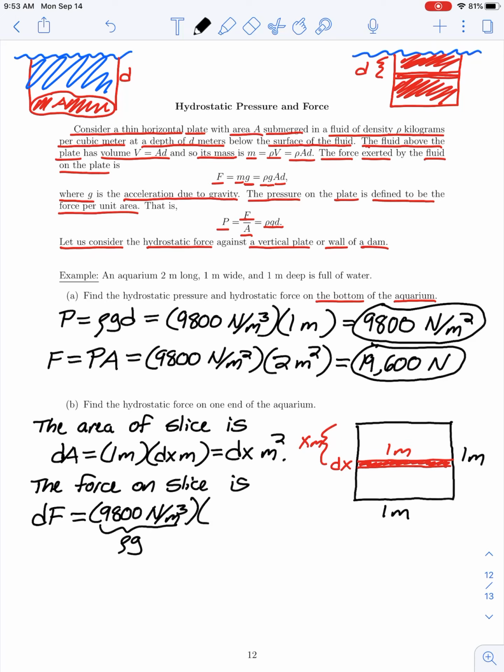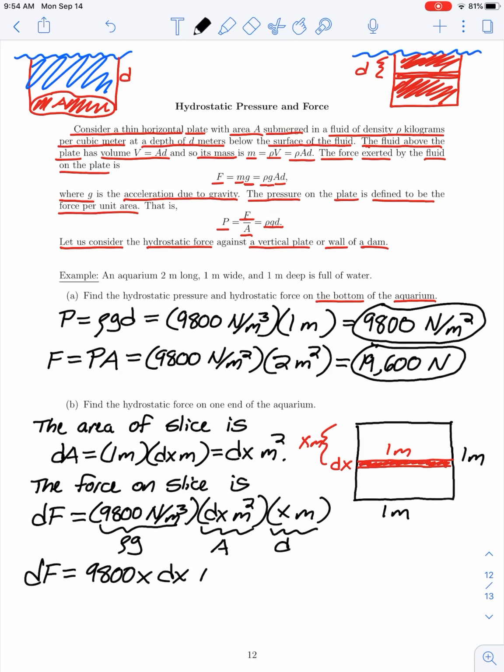Then we would multiply by the area of our slice, which is dx square meters. So here maybe I'll call this A for area. And then we multiply by the depth d of our slice, which we said was x meters below the surface of our fluid. So this is what I was calling d for depth. So what we're left with is the differential of force for this one slice is 9,800 x dx newtons.